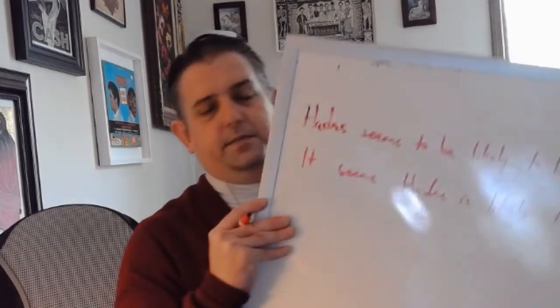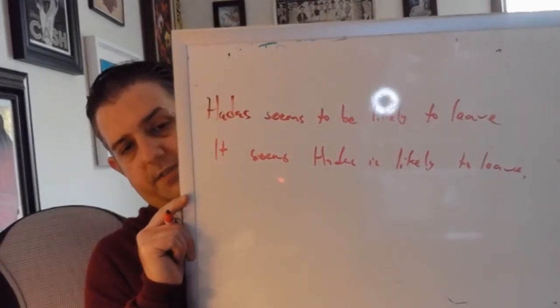But I want: Hadass seems to be likely to leave, and it seems Hadass is likely to leave. So see if you can figure out the structures for these two sentences.